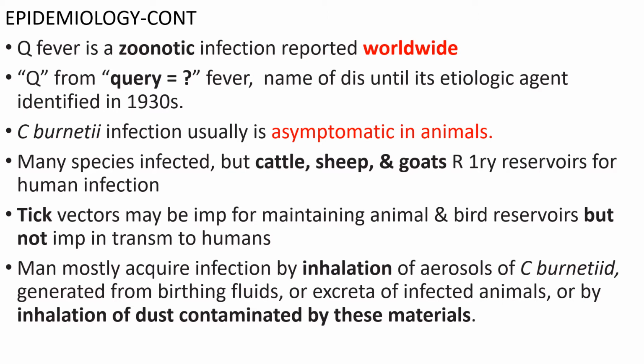Many species are infected, but cattle, sheep, and goats are the primary reservoir for human infection. Tick vectors may be important for maintaining animal and bird reservoirs, but are not important in transmission to humans.